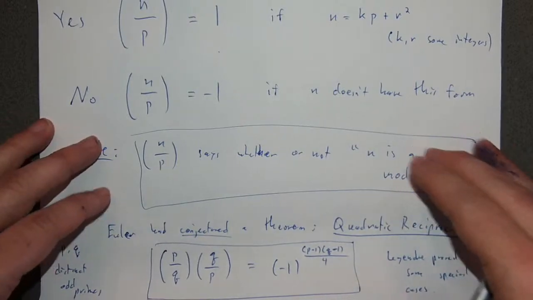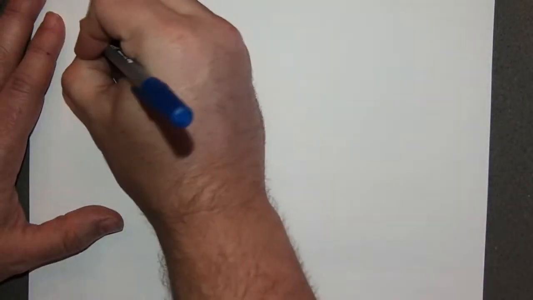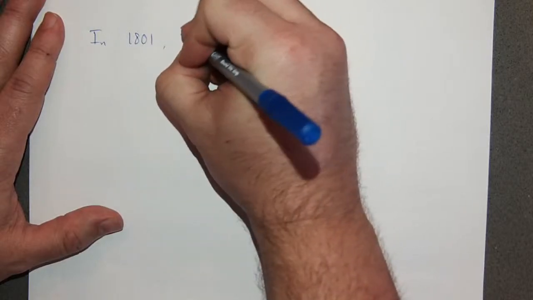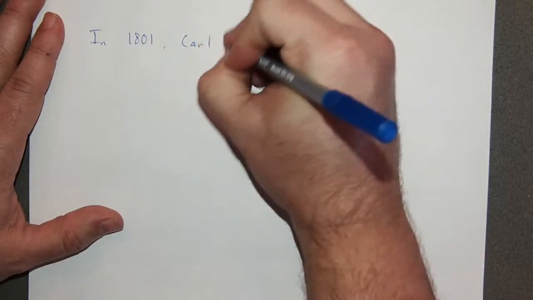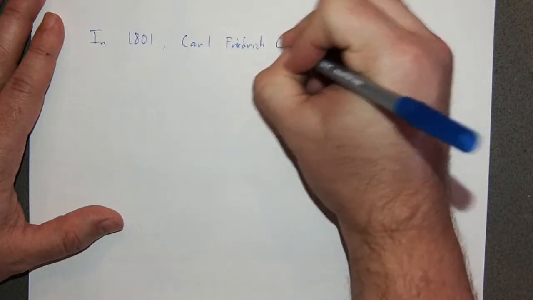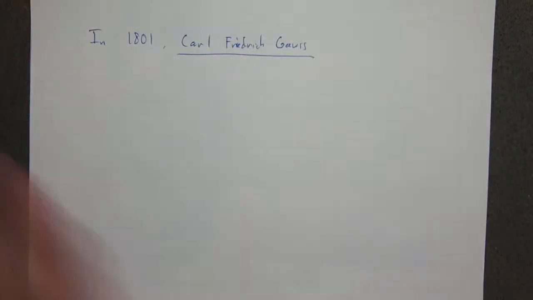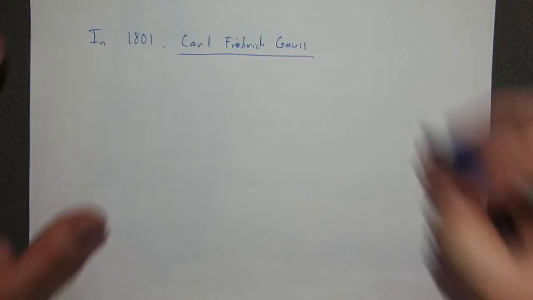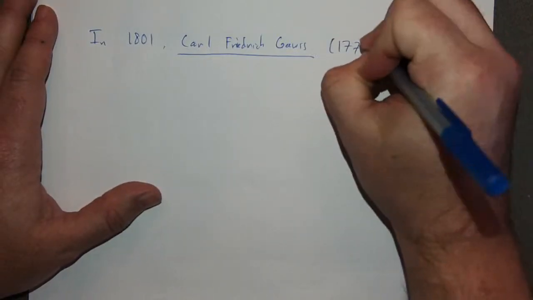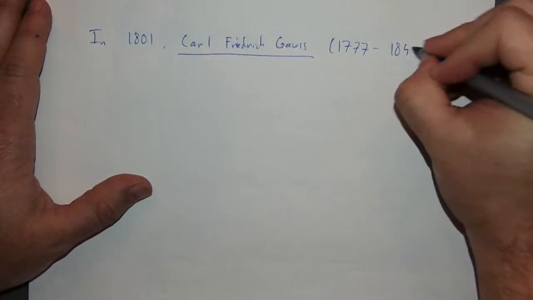So this wasn't proven in generality until 1801 by Gauss. In 1801, Carl Friedrich Gauss, so I'll go ahead and write his name, was born in 1777 and died in 1855.